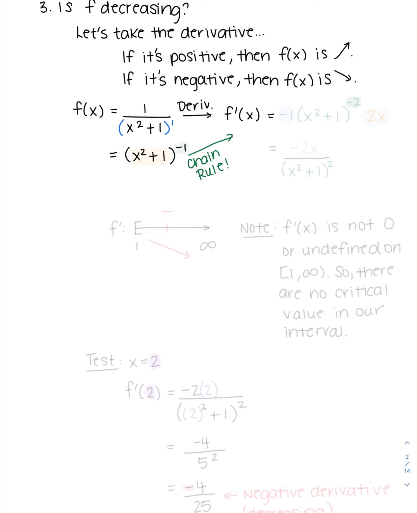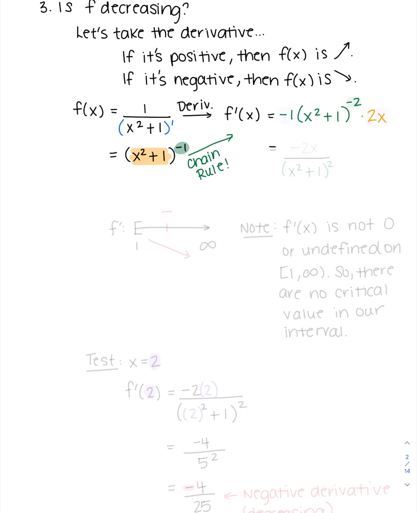Chain rule says to take the derivative of the outside part first, which is that -1, which means bring down the power. Decrease the power by 1, so subtracting 1 will give you actually -2. Leaving the inside the same, which would be x squared plus 1. Then the last part of chain rule says to take the derivative of the inside part, the x squared plus 1, and multiply by that. Well, the derivative of x squared plus 1 is just 2x.